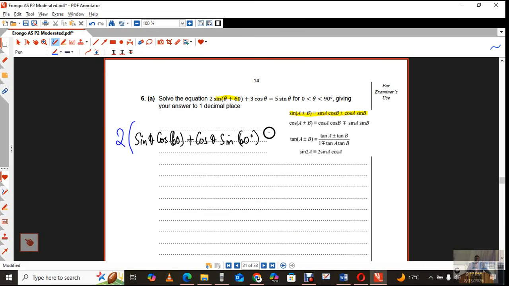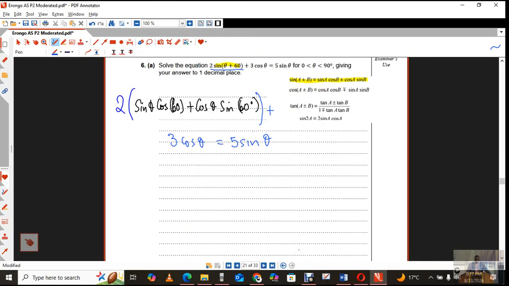That's what that first part means. All the way from there to there, I've written it down. So I'm going to write plus, I'm running out of space, and then say plus 3 cos theta equals 5 sine theta. Theta is an acute angle between 0 and 90 degrees. Calculator must be in degrees mode.